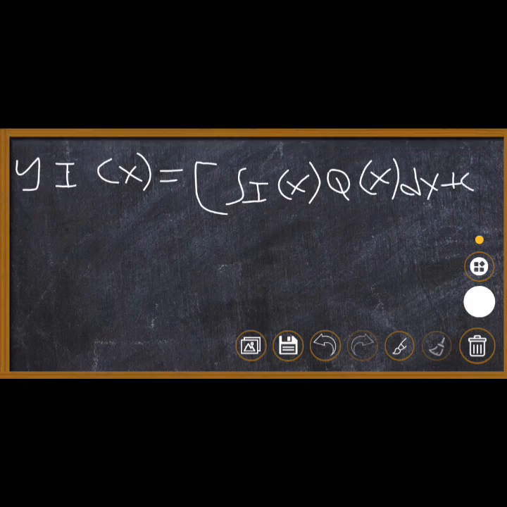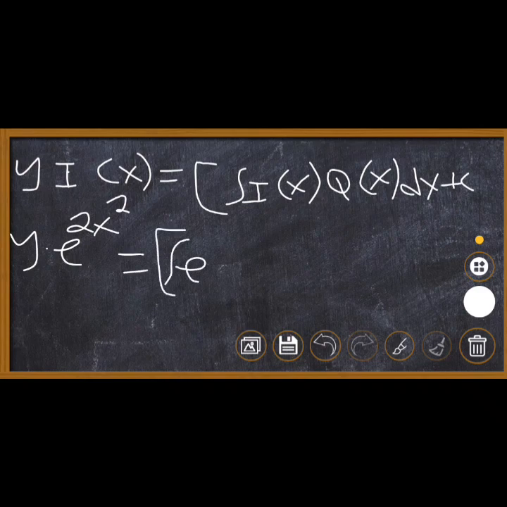So in this case we have already found our integrating factor. What is our integrating factor? It was e raised to power 2x squared.